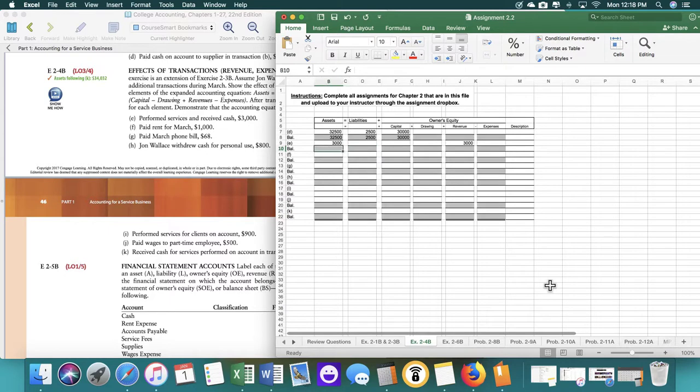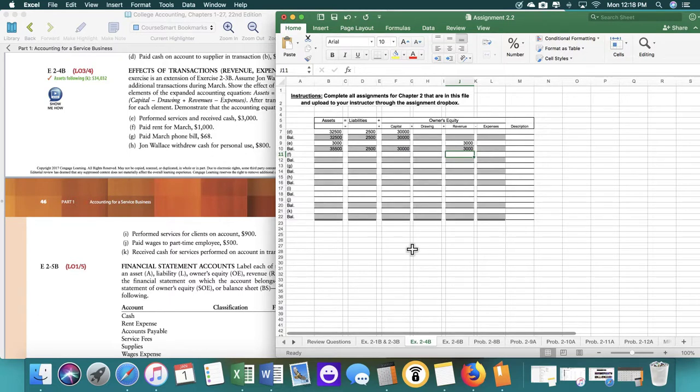So then we're going to do the math. So we have 35,500, 2,500, 30,000, and 3,000. So if we take out the calculator and add 2,500, 30,000, and 3,000, we're going to equal the amount we have in assets.